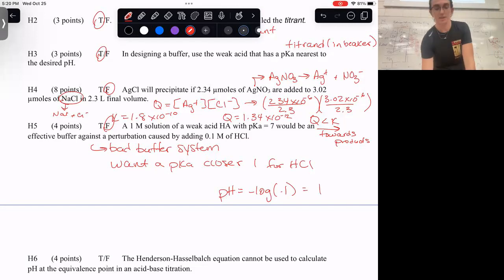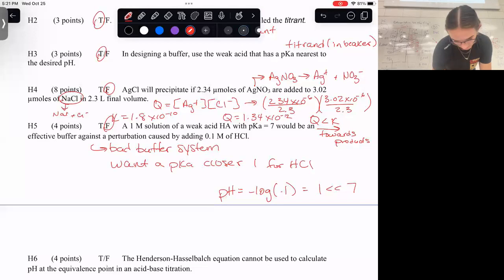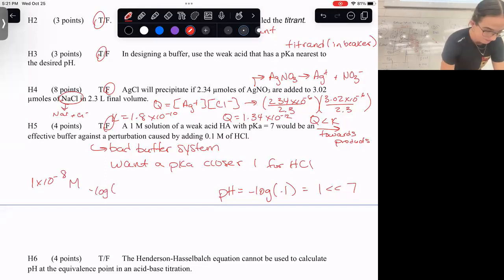Since 1 is way less than 7, it's out of the buffer range for the buffer that we're using, and so it's not going to be able to reduce the effects of the acid being added. If it was 5, we would get a little bit closer. Your buffer range is plus or minus 1, so since your pKa is 7, you can go anywhere from 6 to 8. So if we had something that was like 1 times 10 to the negative 8 molar, what would this be?